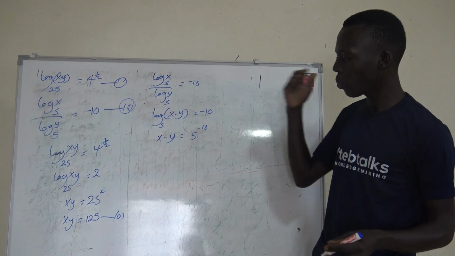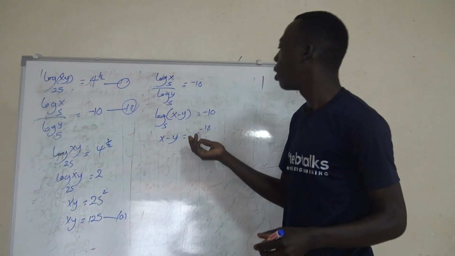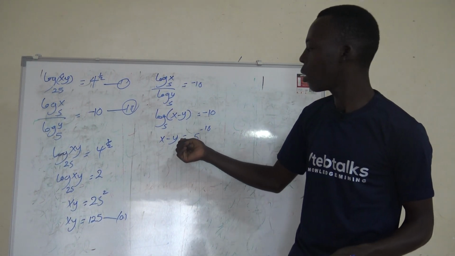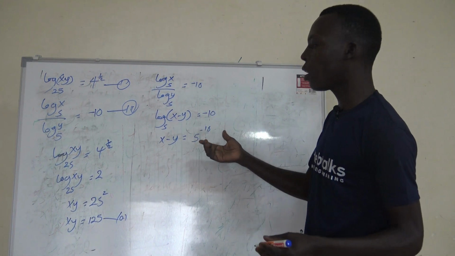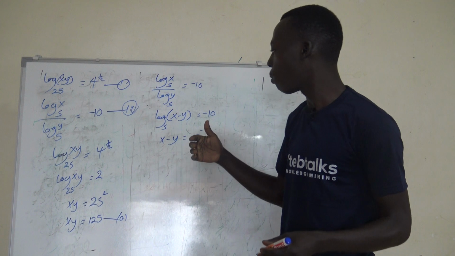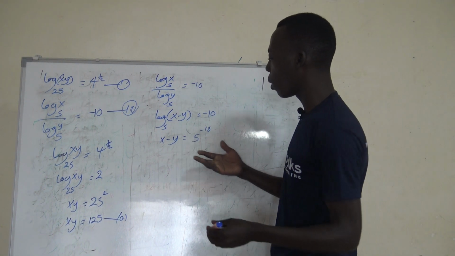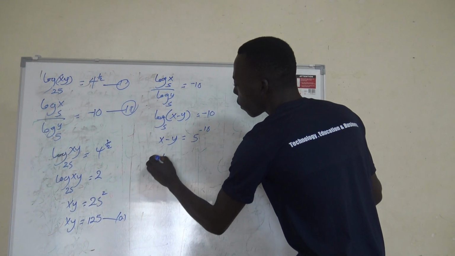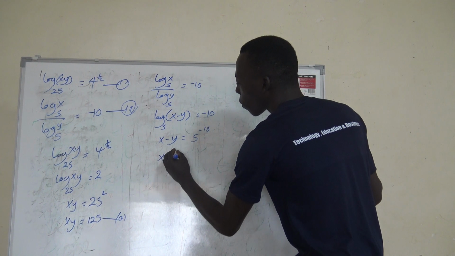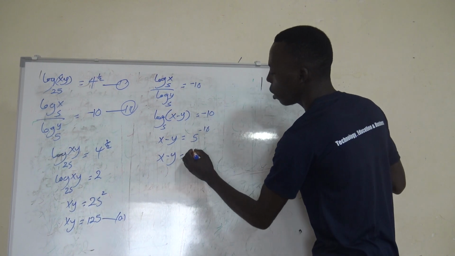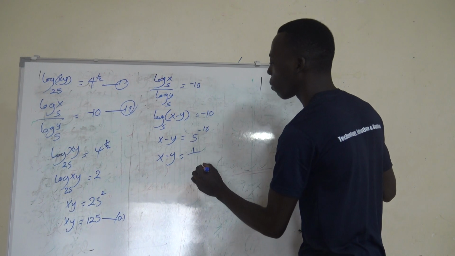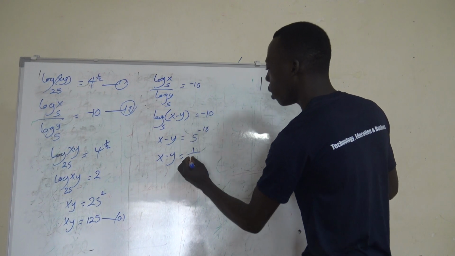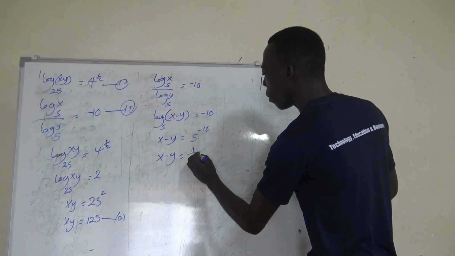But also we know in indices that if we have something of power negative something, that one is just the inverse of the power. So this can be written as x over y equals 1 out of 5 power 10.